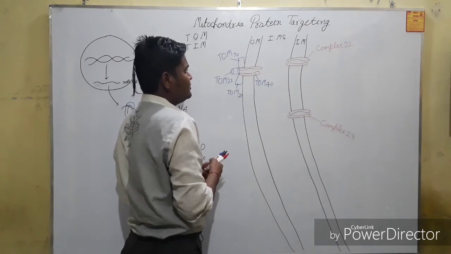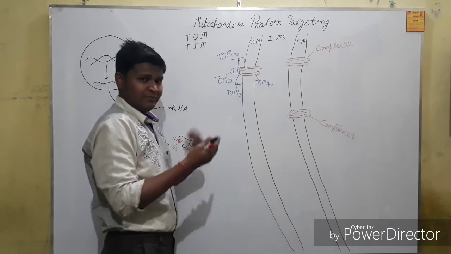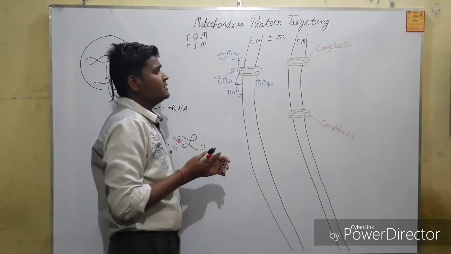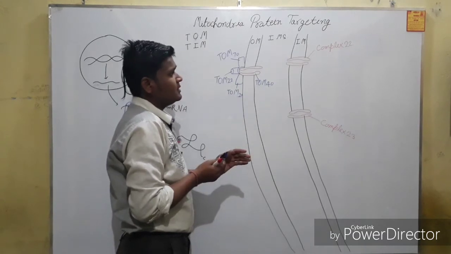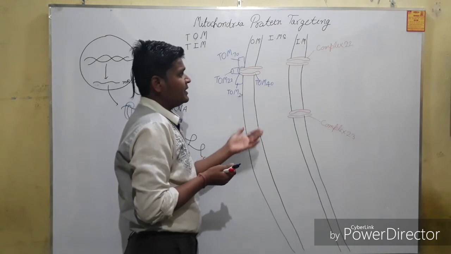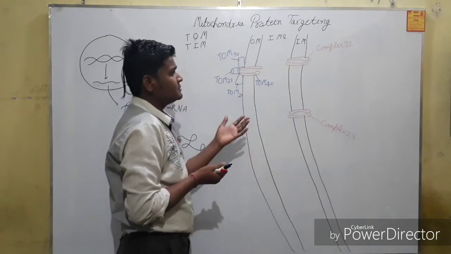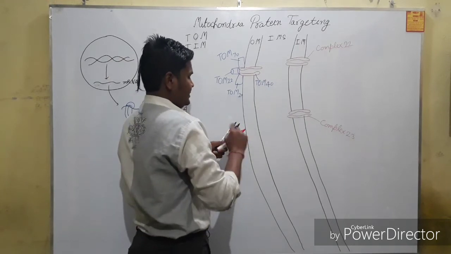These two complexes also have other different proteins like TIM 54, TIM 18, and TIM 22.